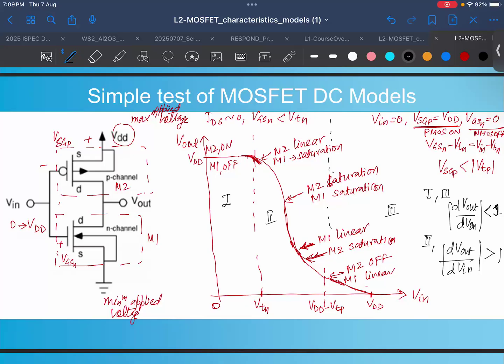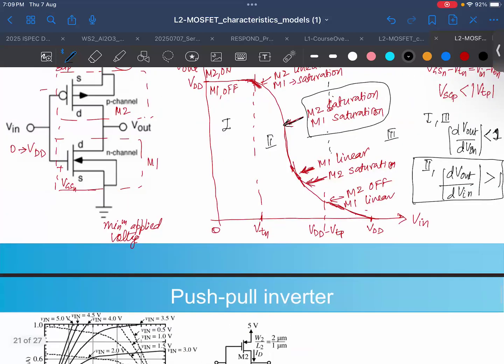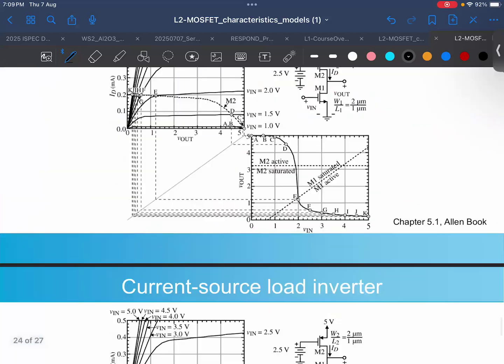And that is one of the keys of this interplay: when both MOSFETs are in saturation region, interestingly your gain, this dV out by dV in, is much, much larger, which gives you hope to design an amplifier, which is what we were talking about.